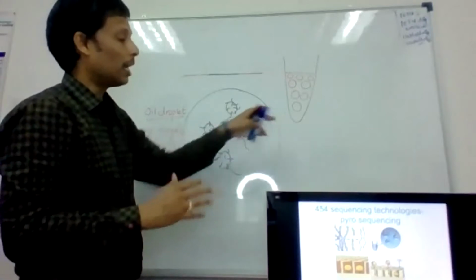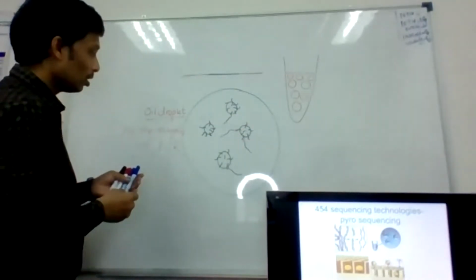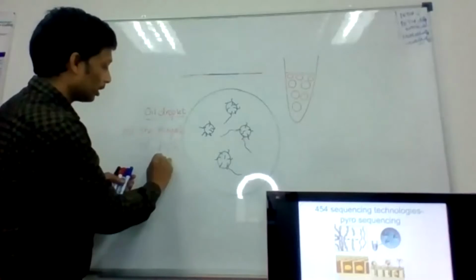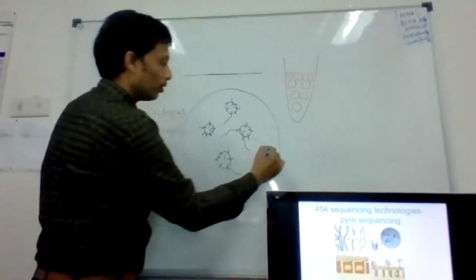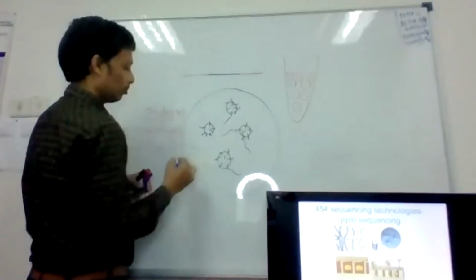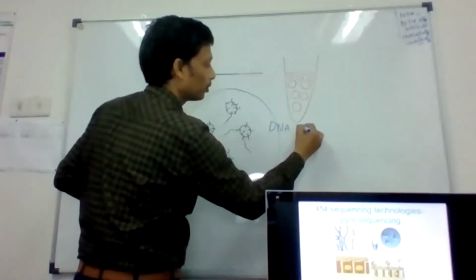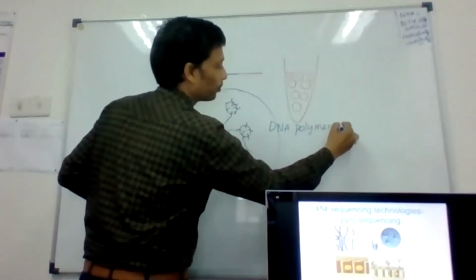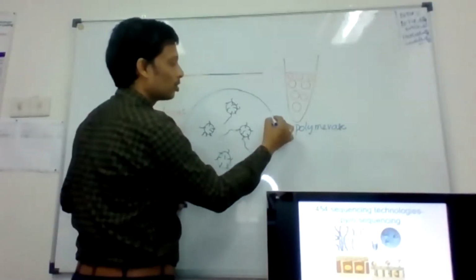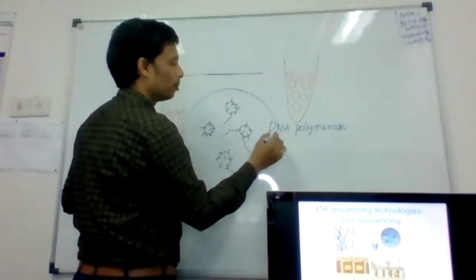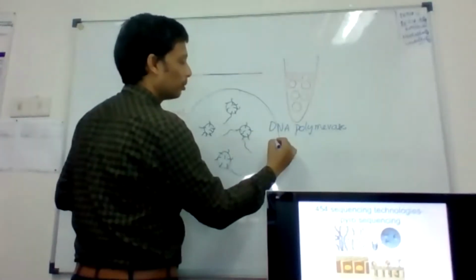So how does it amplify? The DNA polymerase is already present, and all the ingredients of PCR are already inside. DNA polymerase usually is Taq, but for this kind of thing there is no need for Taq, so a different DNA polymerase is used.